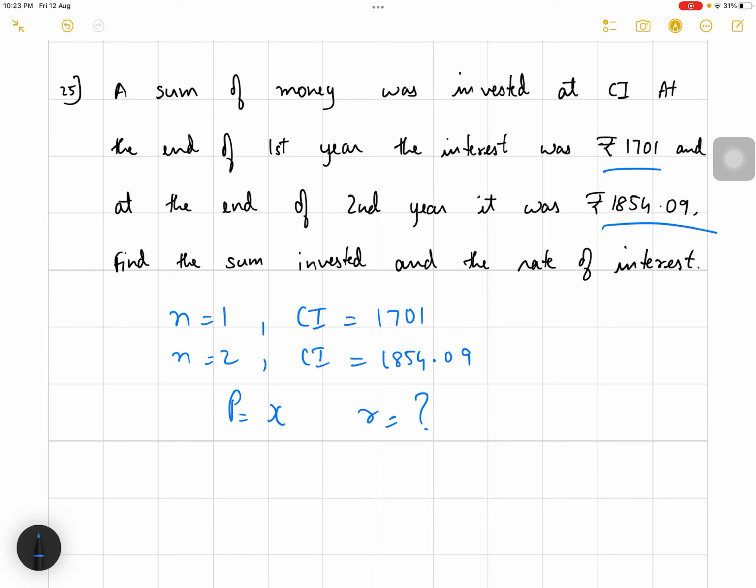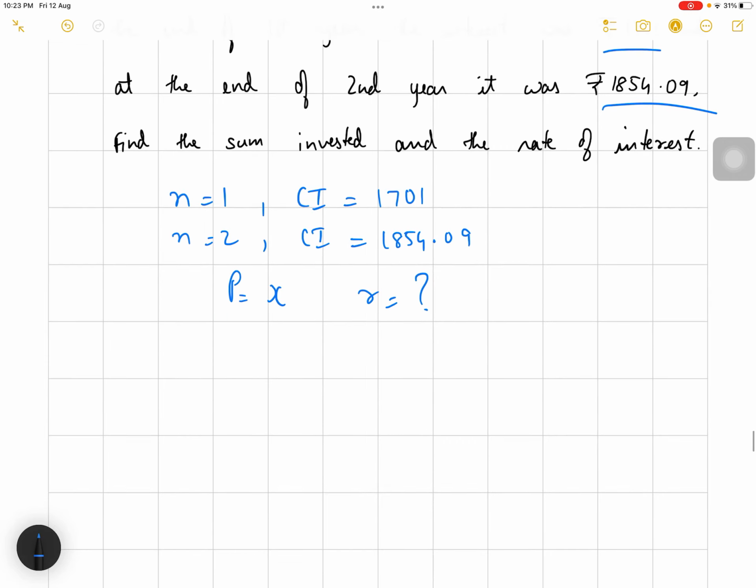Now for the first year, P is equal to X, compound interest is equal to 1701.